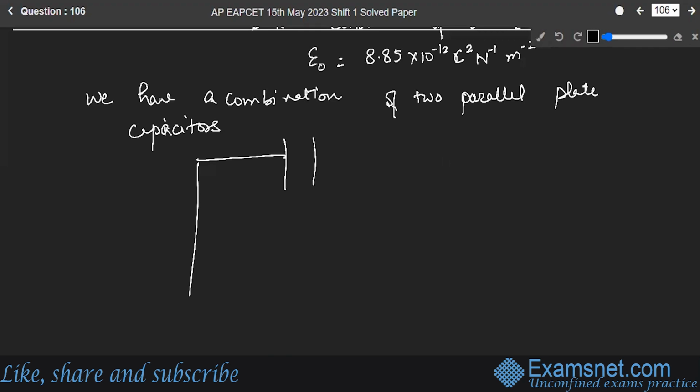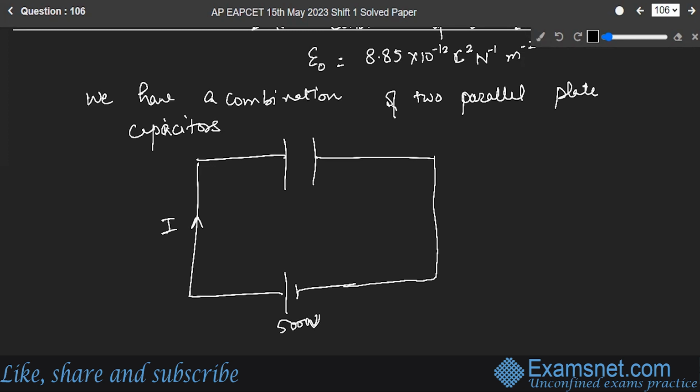These are the two parallel plates, and here you have the battery. The current is flowing in this direction. This is a 500 volt battery. This is the direction of flow of current. This is your d, and this is your oil. Right. If this is x, this is equal to 1 minus x. Right. So, okay, let's get back to the question.